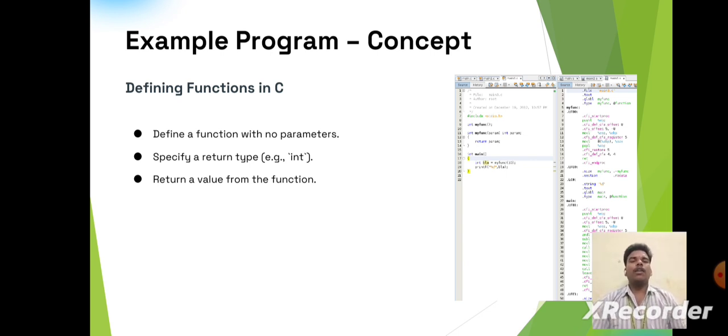So you will be typing hashtag include stdio.h, and below the line you will mention void main. Instead of void main, we are going to type void, int, or whatever type of function that we want. We are going to call that function in order to perform that task and return a value from the function.